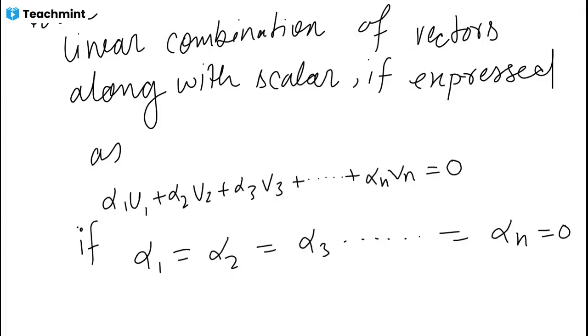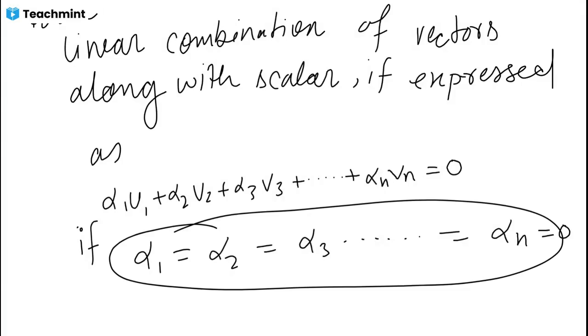If any one of these scalars is non-zero and still the result is equal to 0, then we can say vectors are linearly dependent. Are you getting this point? Kind of, ma'am. Not entirely. Maybe with an example. Okay, sure, we'll do an example to understand as well.